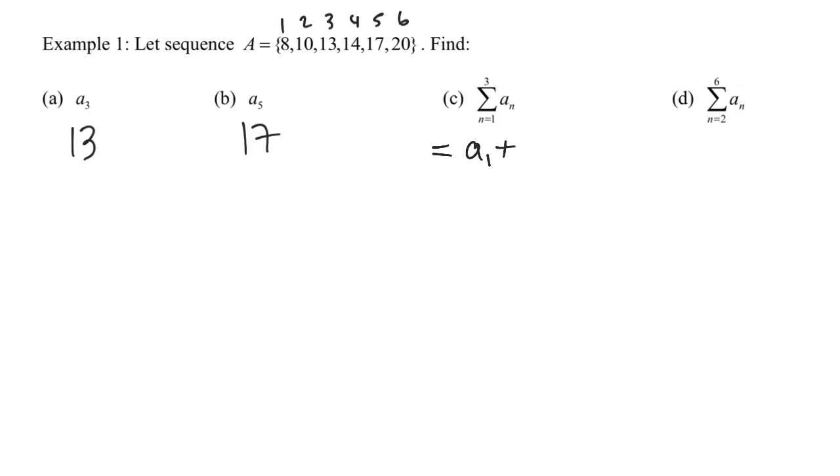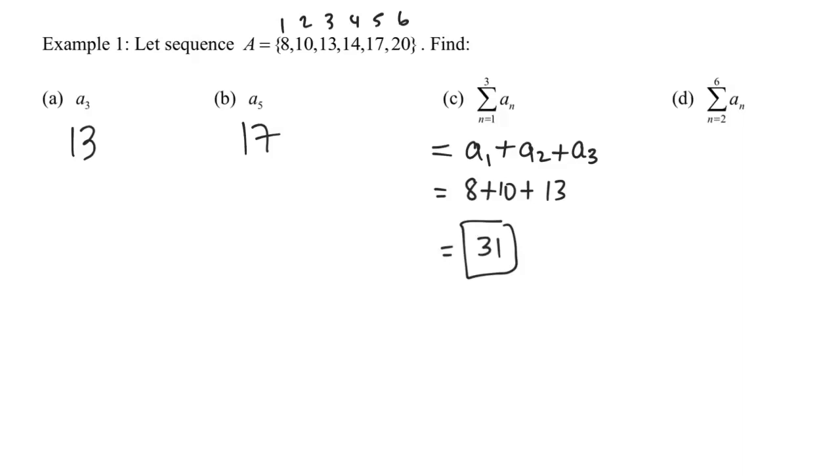Sigma then means to sum, so I'm going to put a plus, and I'm going to plug in the next value for n, which would be 2, and so that's going to be a sub 2, and then I plus again because this means sum, and then I go to a sub 3, and because 3 is the upper limit, that means I'm going to stop there. And so what is a sub 1, a sub 2, and a sub 3? That would be 8 plus 10 plus 13, which I believe is equal to 31.